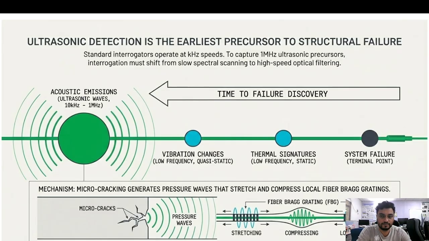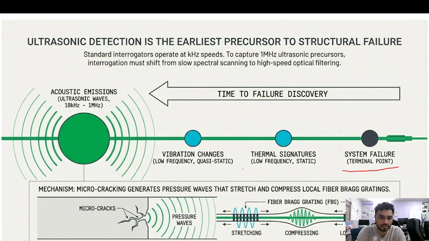The thing is, ultrasonic detection is the earliest precursor to structural failure. You can see that standard interrogators operate at kilohertz speed. To capture 1 megahertz ultrasonic precursors, interrogation must shift from slow spectral scanning to high speed optical filtering. For that, you can see here the system failure terminal point.